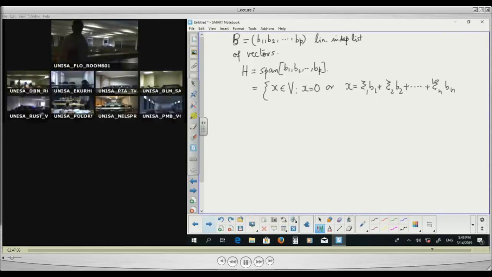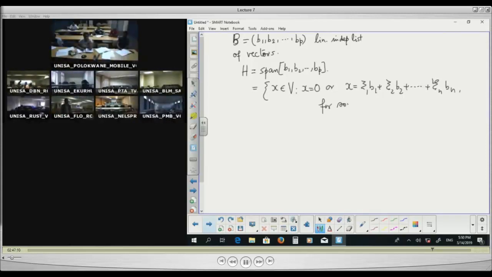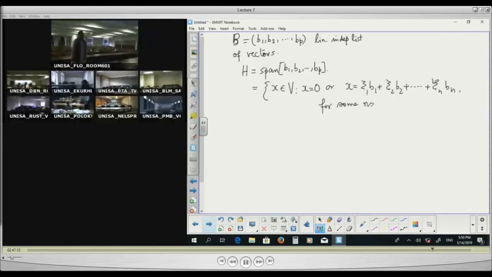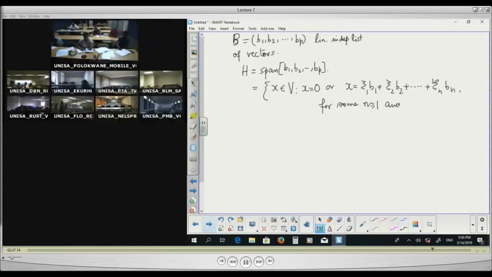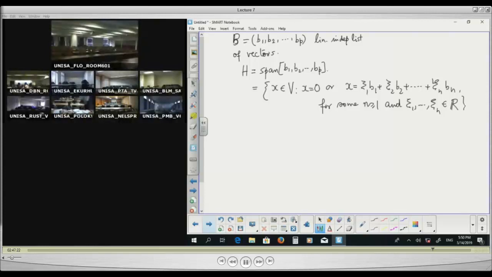Here? So what's the squiggly line called? This one? Yes. That is the Greek letter xi.